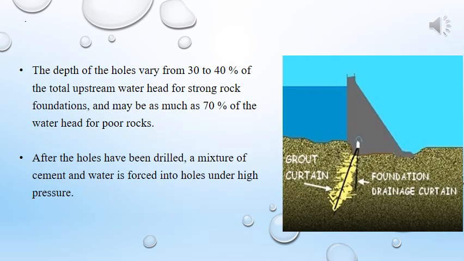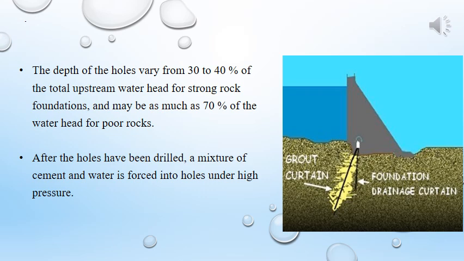The depth of the holes varies from 30 to 40% of the total upstream water head for strong rock foundation, and it may be as much as 70% of the water head for poor rocks.